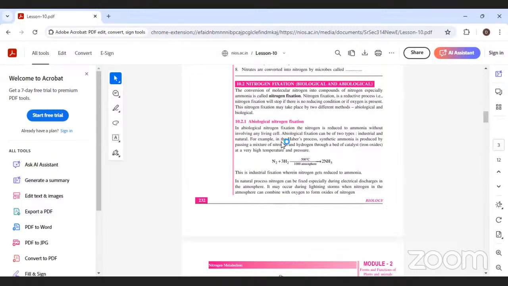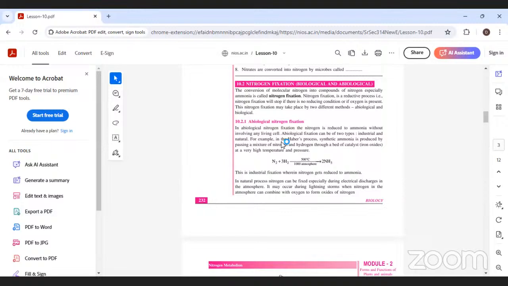Biological nitrogen fixation: here two are there, one is abiological, the second one is biological. What is the difference between abiological and biological nitrogen fixation?